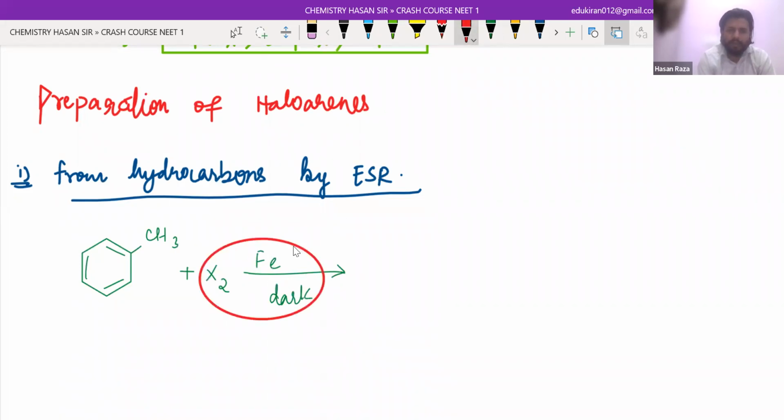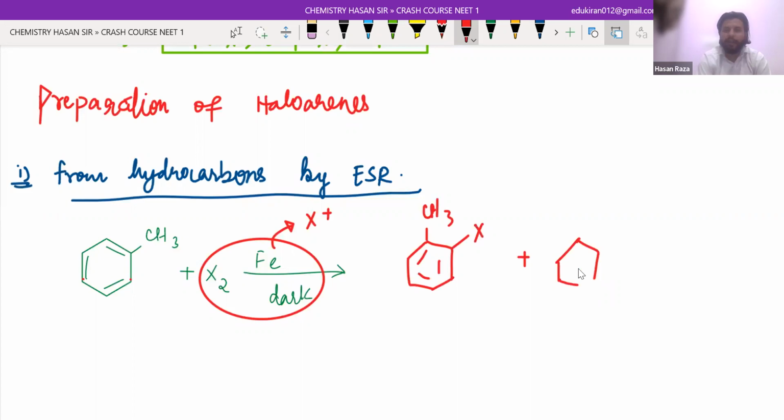With the reaction of this reagent, you will get an electrophile, that is X plus. This X plus will attack either at ortho or at para. So with respect to CH3, the product will be like this. If CH3 is there, X will be at ortho, and X will also be at para.